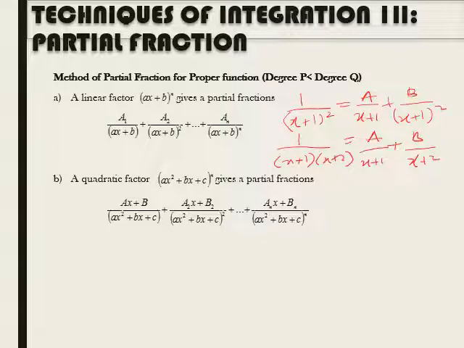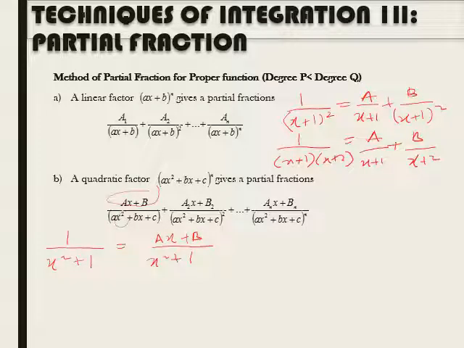If it's quadratic, for example 1 over x squared plus 1, it will be Ax + B over x squared plus 1. So if it's a quadratic factor like this, the numerator will have x there.